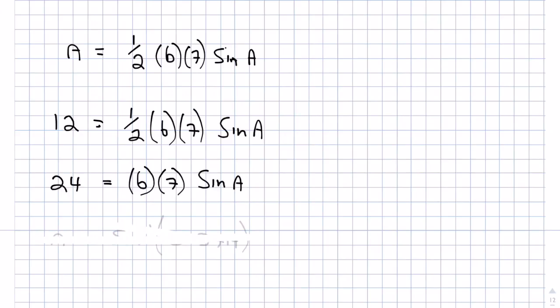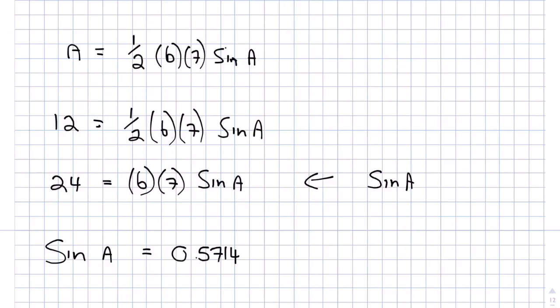Maybe I'll just explain that. Sine A is 0.5714, and I got that from saying sine A is 24 divided by 42. The 42 came from 6 by 7. I don't want to know what the sine of A is, I want to know what A itself is, so I need to get the inverse sine.